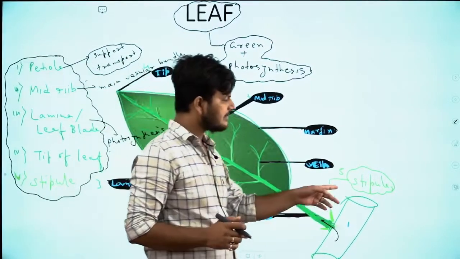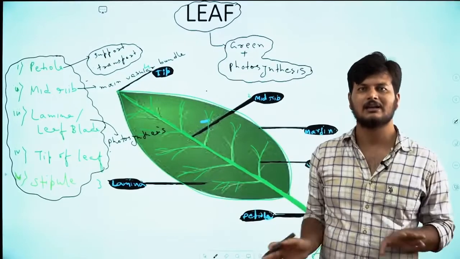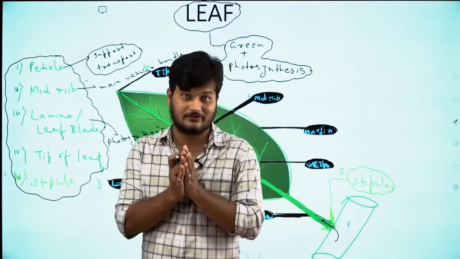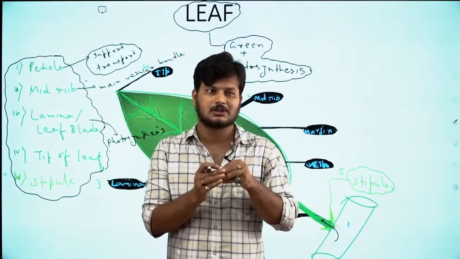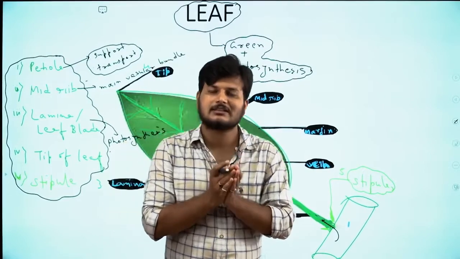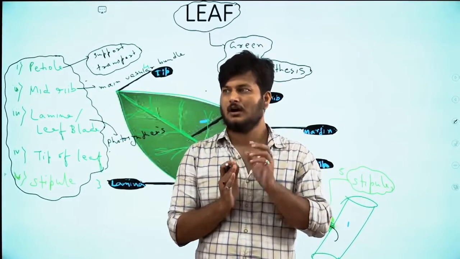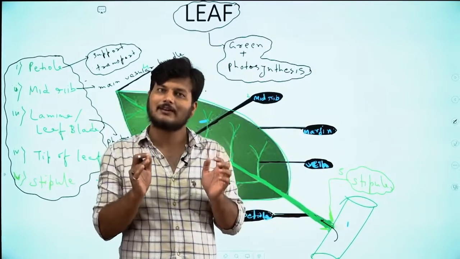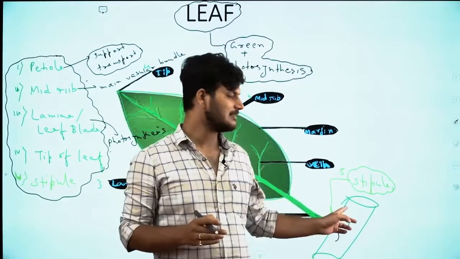Actually, the stipule has no importance at this time, but in the earlier phase, when the leaf was just beginning to be formed and was termed a leaf primordium, the leaf primordium was protected by this stipule.